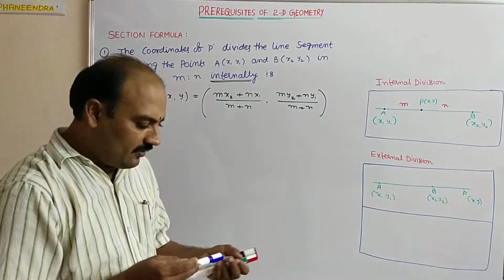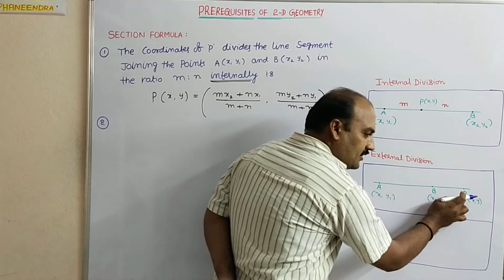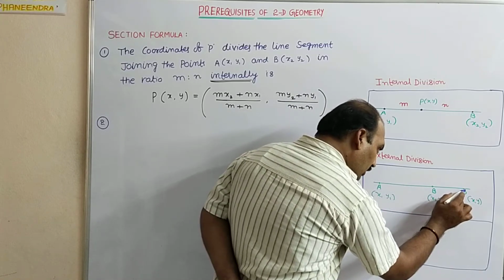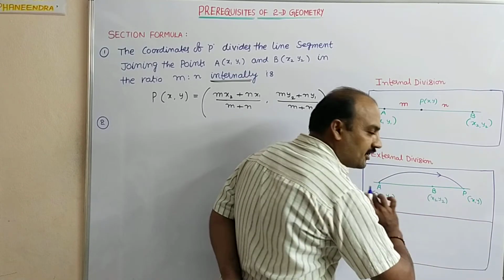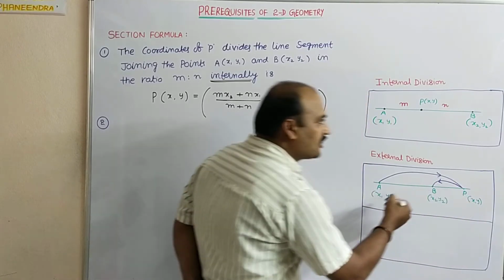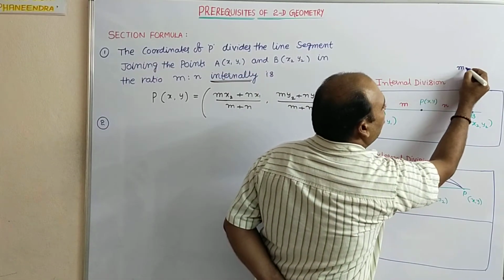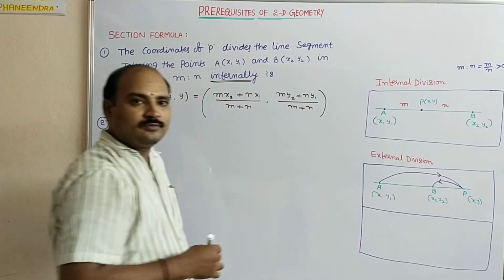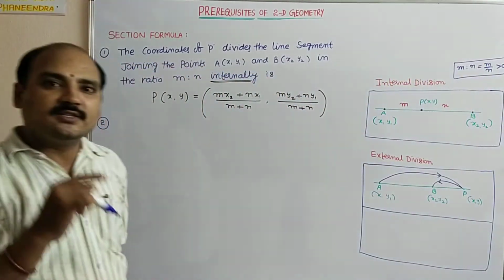So observe carefully, I will give the direction here. External division means we are getting some directions. So P divides AB in the ratio. From A to P direction, this is positive direction, and from P to B, it is negative direction. In internal division, this ratio m is to n, that is m by n, is greater than 0.